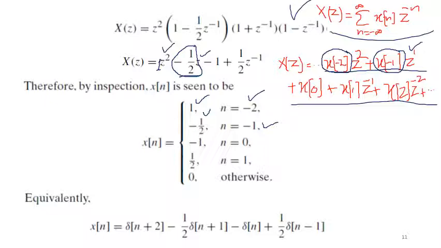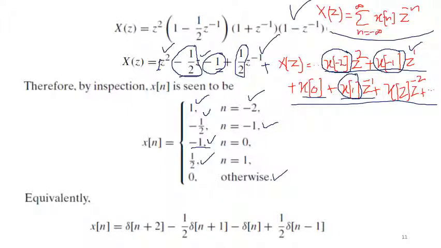Similarly for x[0], z has 0 power here, so n equals 0, and we have x[0] equal to -1. Then if I compare with x[1], z^-1 has coefficient x[1], and here z^-1 has coefficient of 1/2. So that means for n equals 1, we have 1/2. And for the other terms, they are all 0.